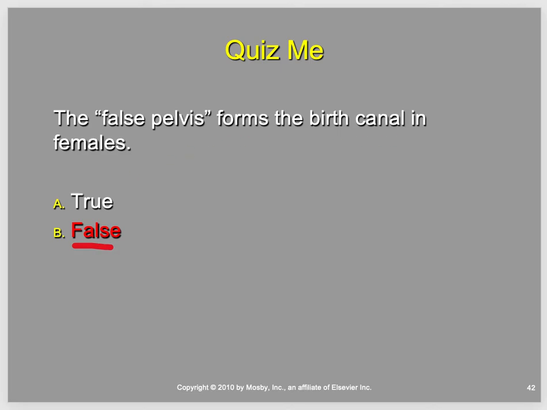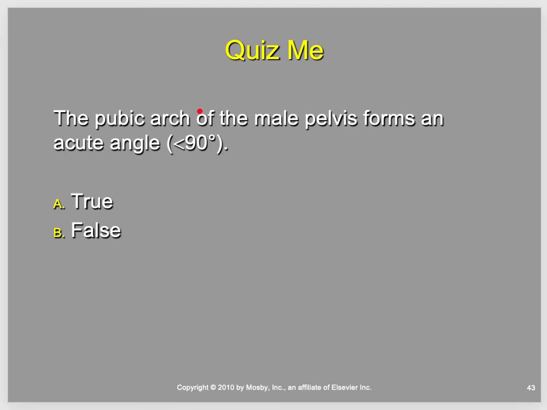The true pelvis forms the birth canal. The pubic arch of the male pelvis forms an acute angle. Is it less than 90 degrees, or is the male pelvis the one that's greater than 90 degrees? This one would be true. It does form that acute angle. It is less than 90 degrees.